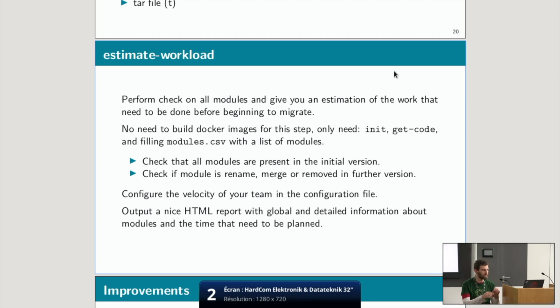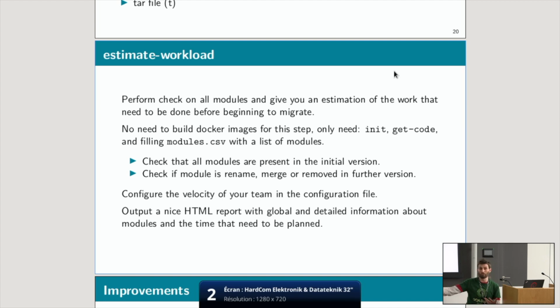This tool is a little smaller, but does the same thing in the way that it checks that the modules you have listed in module.csv exist in the initial version. So it will report which module is missing. Maybe you forgot to add your custom branch or something else.